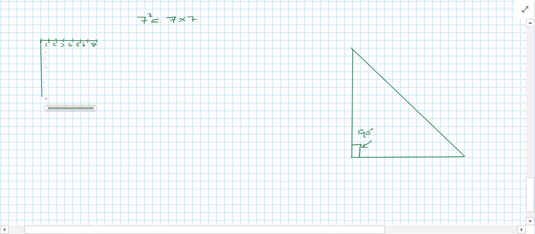We're taking whatever the unit is, and we're creating a square based on that unit. In this case, this line is split up into 7 units, so if we want to square it, we're creating a square like this. So it's a 7 by 7 square.